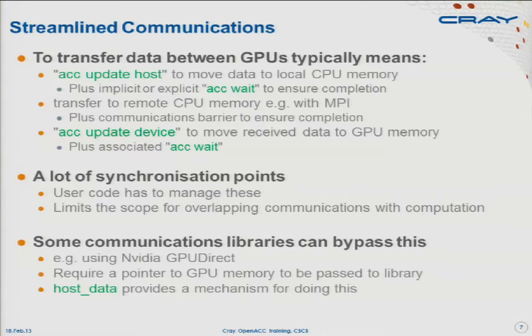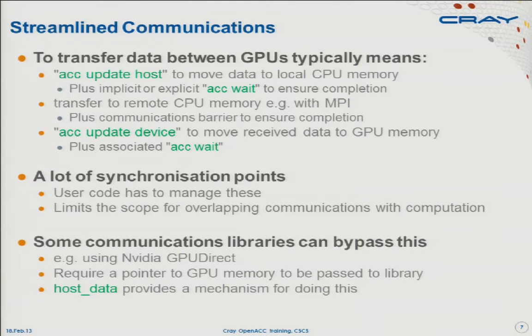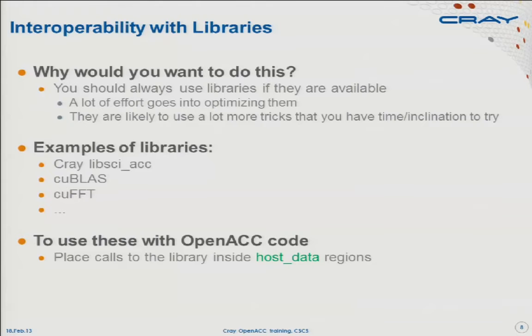And what happens is that the MPI library will look at that pointer and it will use the unified virtual address space of CUDA, of the GPU, to say, aha, this pointer is something in GPU memory. I will do something different because I know that the data is on the GPU and it should move directly from the GPU over the PCI into the NIC and away. So the host data is used there.